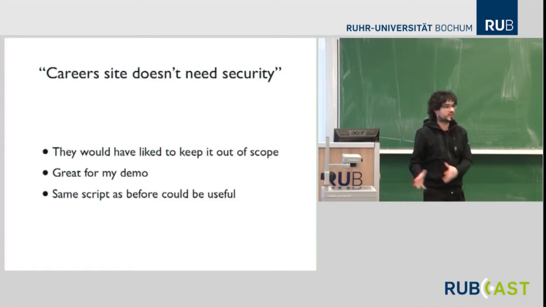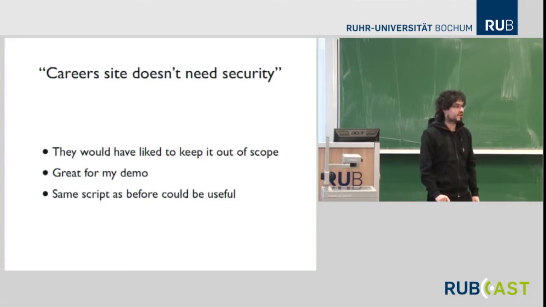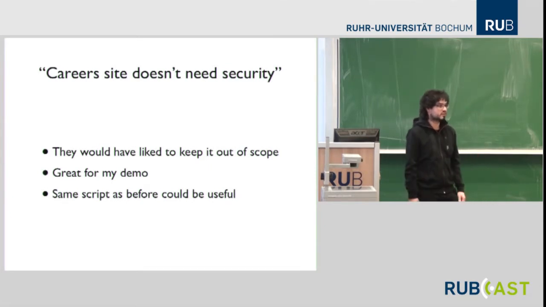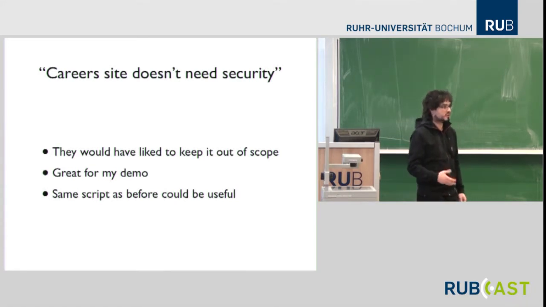They think about the server side only, but this is great for proving your point that all web applications should be tested on all the domains that you're supposed to test. At least you should give them a look, especially if it's a very large site, like Microsoft.com, for example. They have so many different directories, and if one of them has a cross-site scripting vulnerability, it might be a security hole for the whole domain.